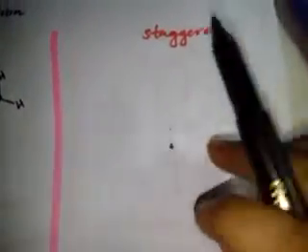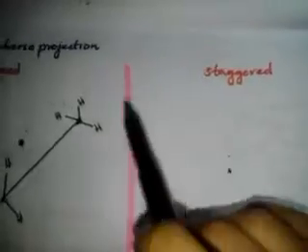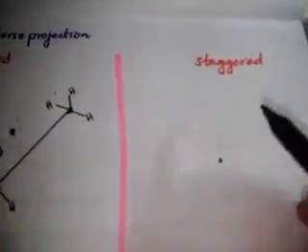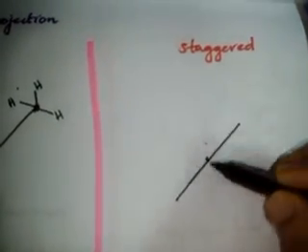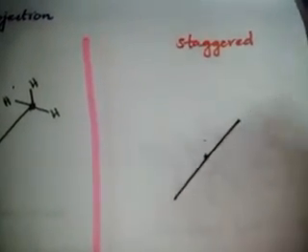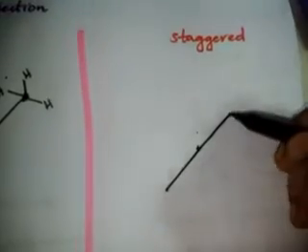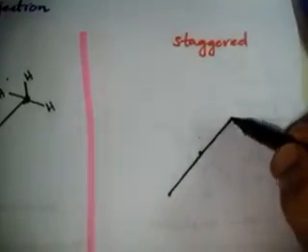Now let's study the staggered conformation in Sawhorse projection. First we draw the single sigma bond. This is the front carbon and this is the rear carbon.